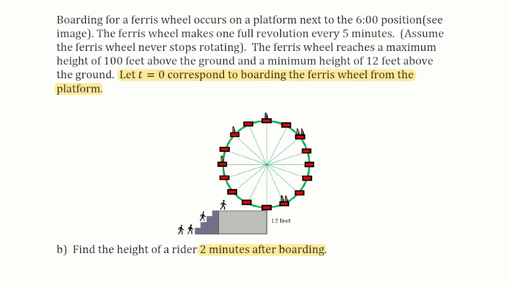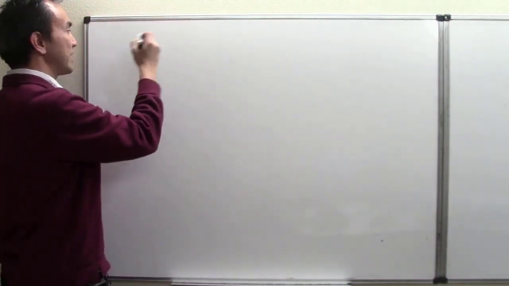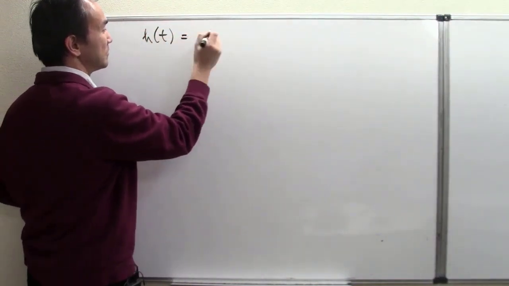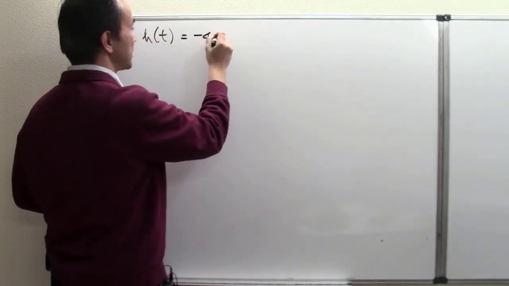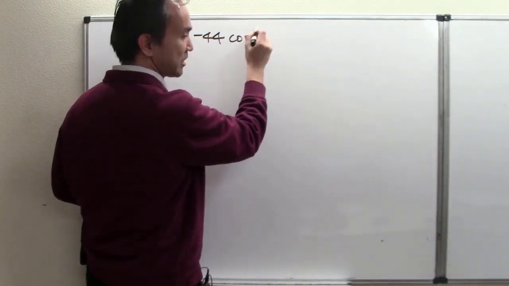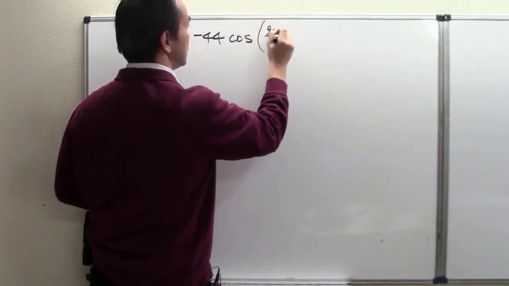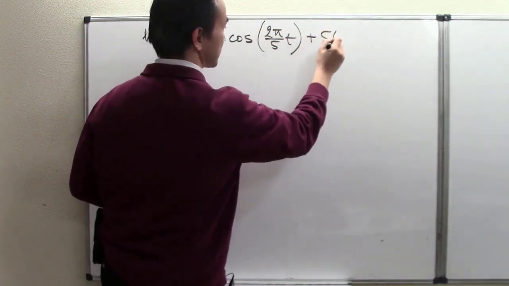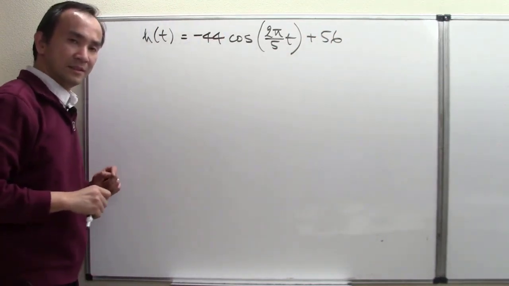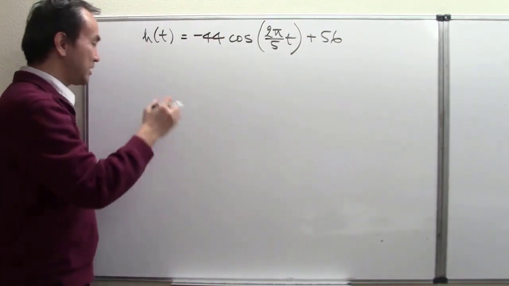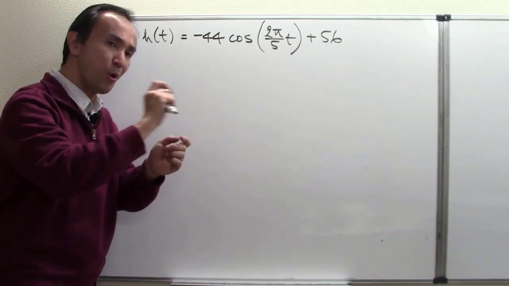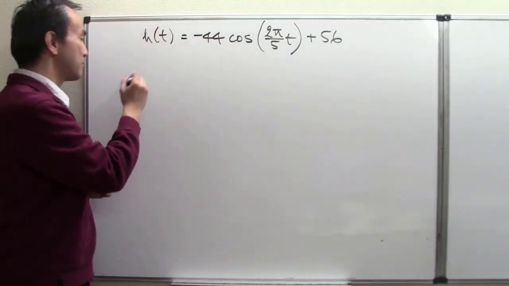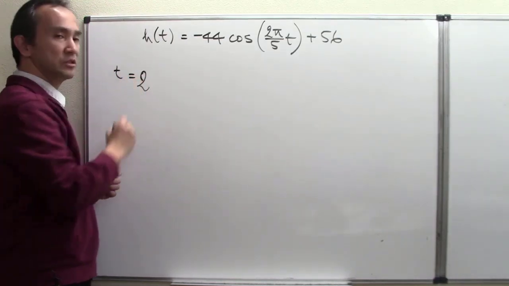Recall that our function h of t equals minus 44 cosine of 2 pi over 5 times t, plus 56. Because the boarding point is the starting point t equals 0, 2 minutes after boarding means t equals 2.